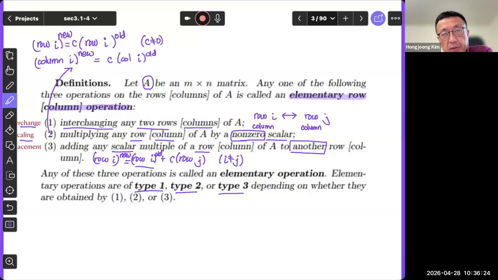So please remember this. You don't have to memorize the numbers type 1, type 2, type 3, but please remember there are three different types: interchange, scaling, and replacement. Those are elementary operations.